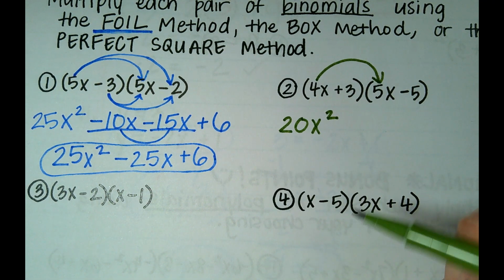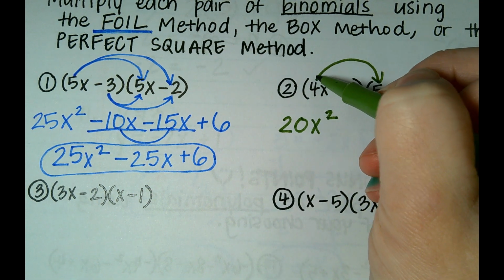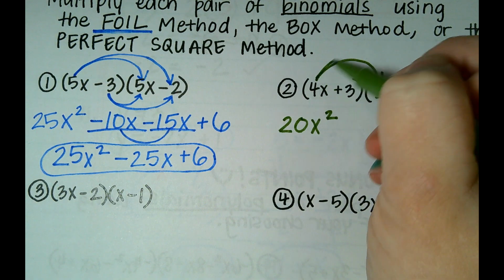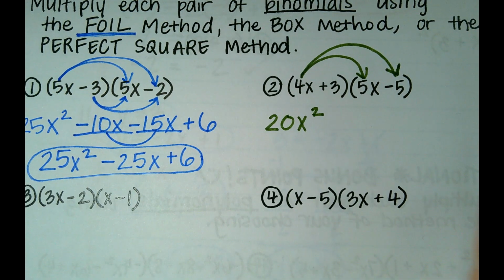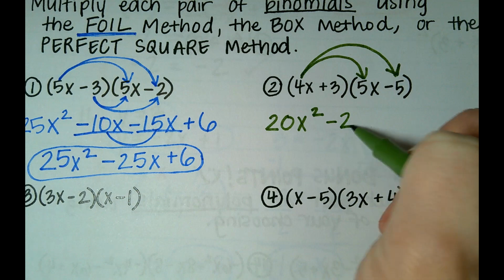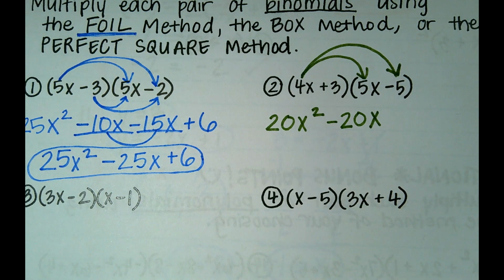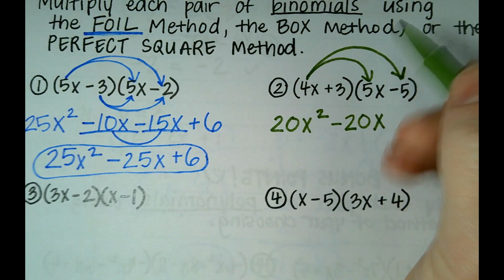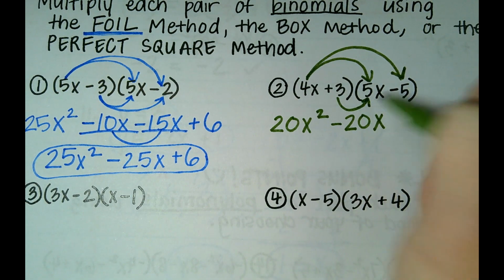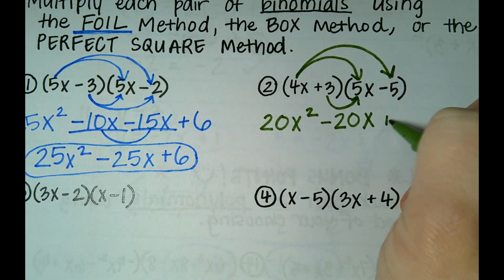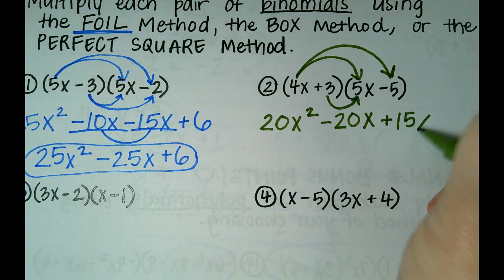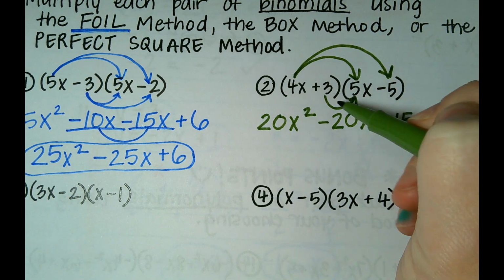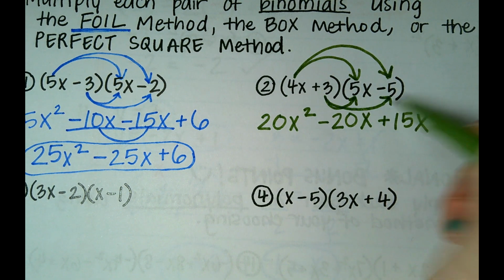Now, what do I multiply? Outer, 4x times, yes. And what will that give me? Negative 20x. Perfect. What's next? My inner terms. 3 times 5x. 15x. And my last terms.